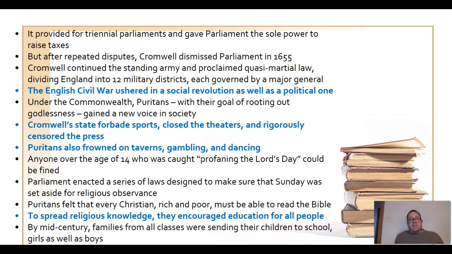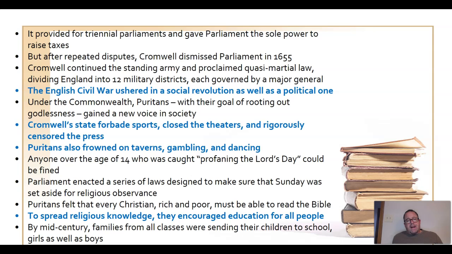And so they try to implement a very strict form of Christian morality on the people of England, and it states that sports were forbidden, theaters were closed, taverns and gambling were outlawed, and so that made for a very rigid type of lifestyle for many, something that most English were not accustomed to.